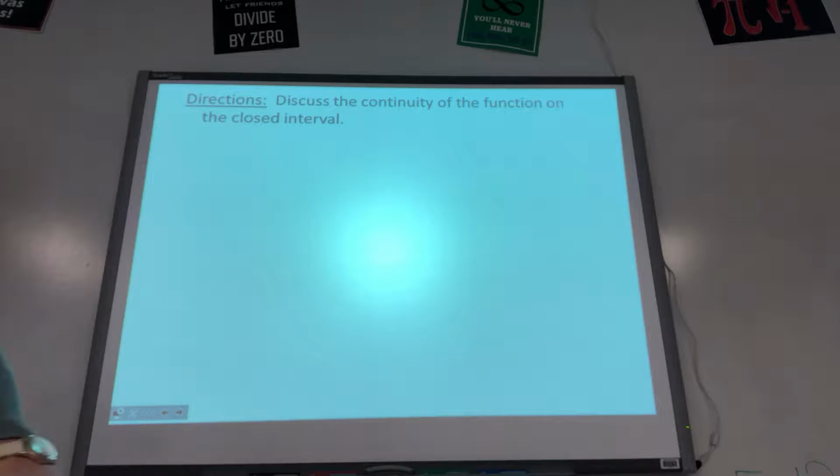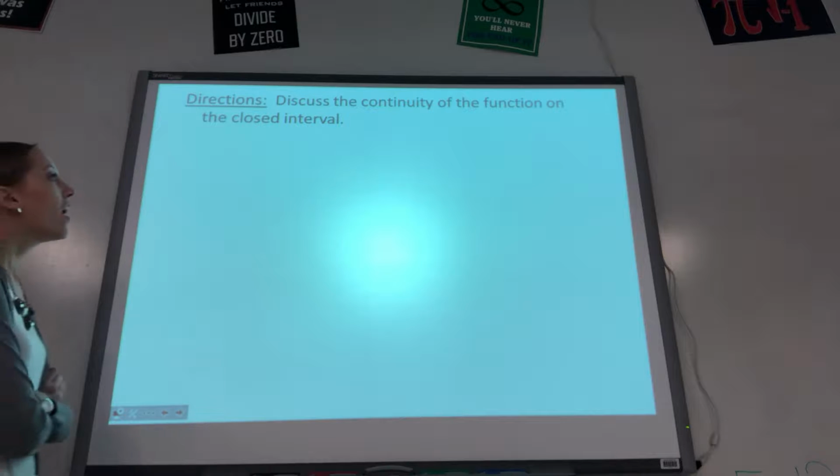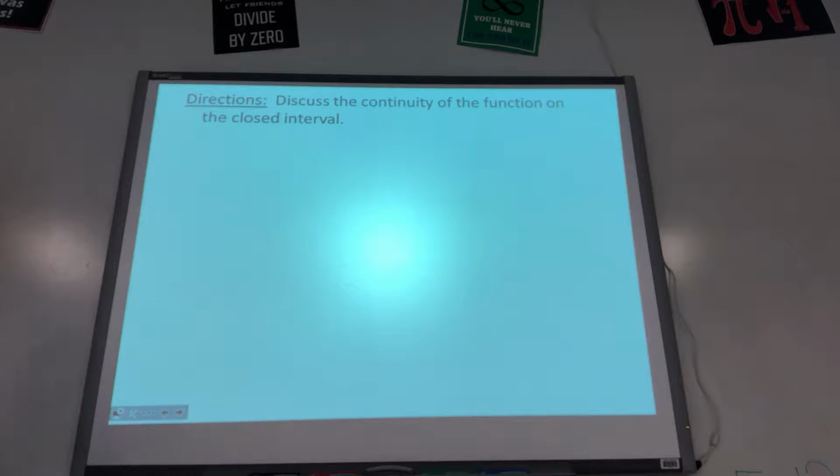It says discuss the continuity of the function on the closed interval.